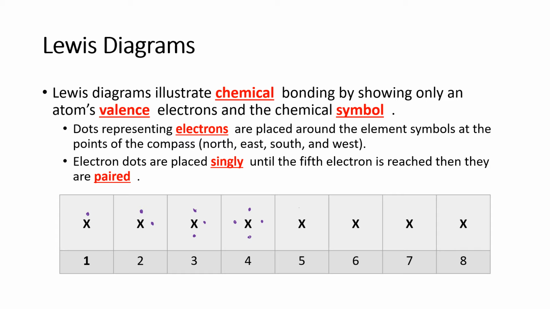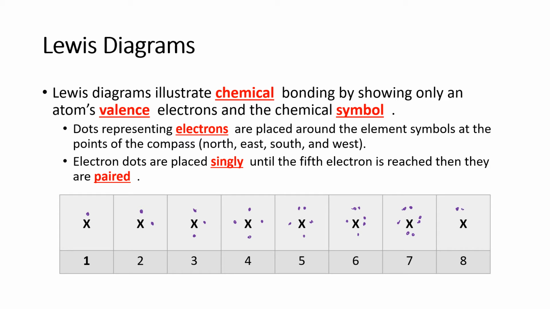And now that we're at 5, it would be like one of each, and then start doubling again. 6, one of each, and then start pairing them. 7, one of each, and then start pairing them until you're at 7.